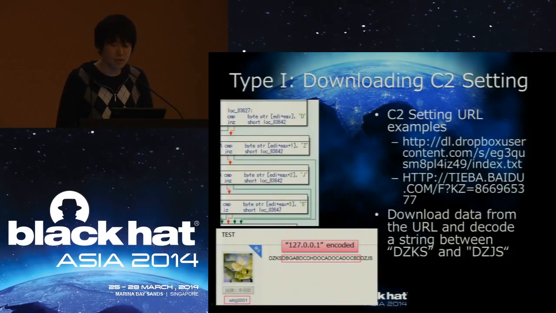Attackers use C2 setting URL such as Dropbox and Baidu. Once PlugX infection is successful and content with C2 information is downloaded from the URL, attackers can delete it. Later, malware analysts cannot get C2 information from the sample.